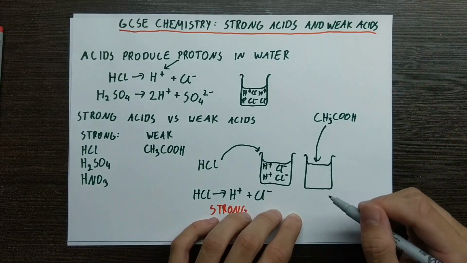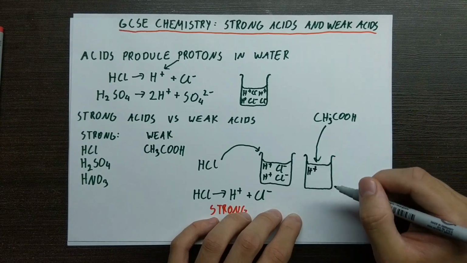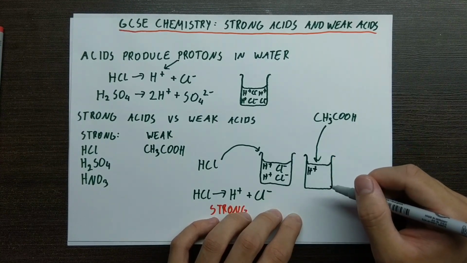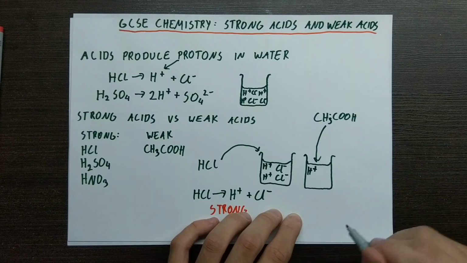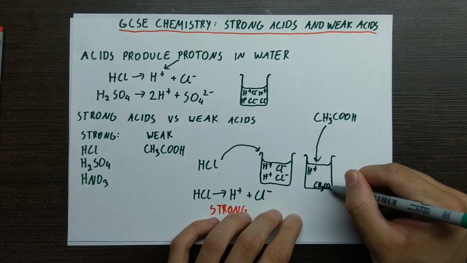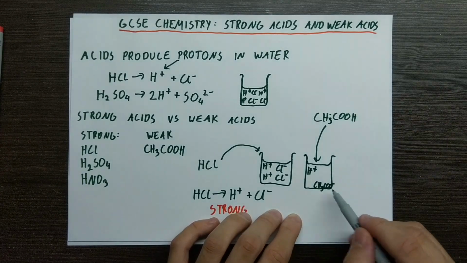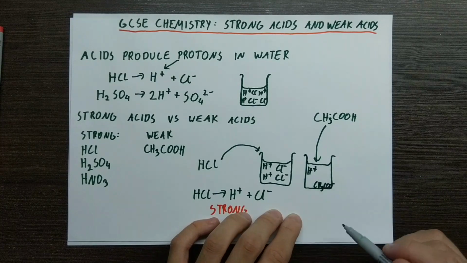Well, it splits into protons, and it splits into ethanoate ions, CH3COO minus. So that's the negative ion, and that's the proton.